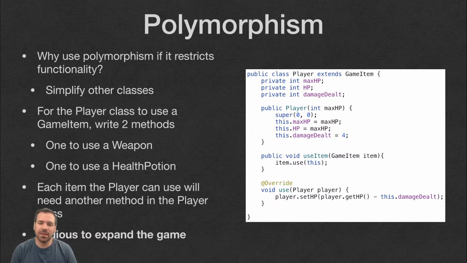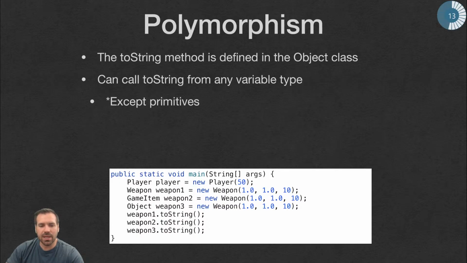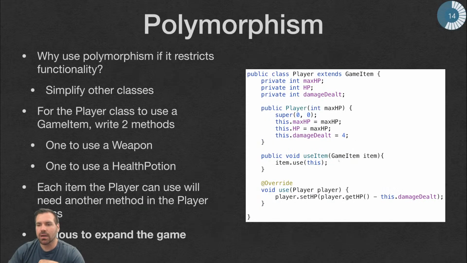So this method works for any game item that we ever come up with. But there's more. I'm glad I do have this slide. Like I said on the other slide, we would never do game item equals new weapon. We would never do this as written here, but we'll have the same exact logic just spread across a parameter being assigned to an argument.